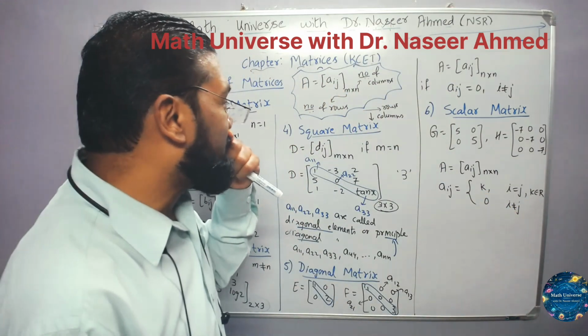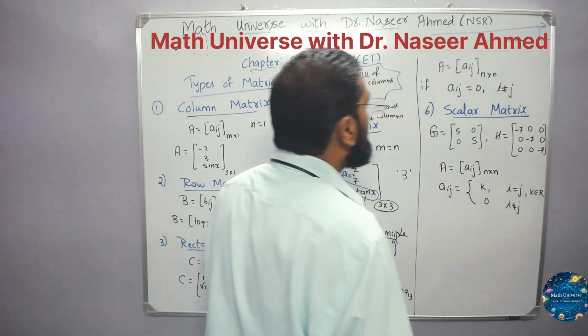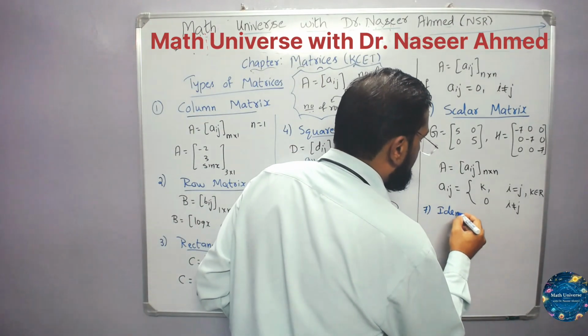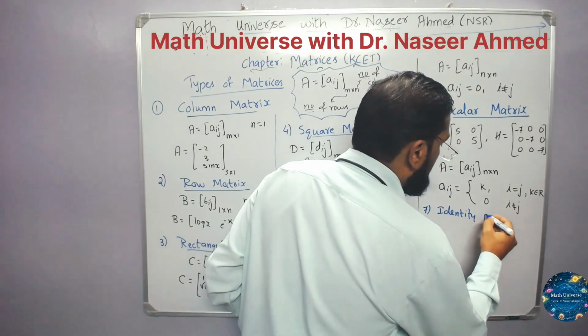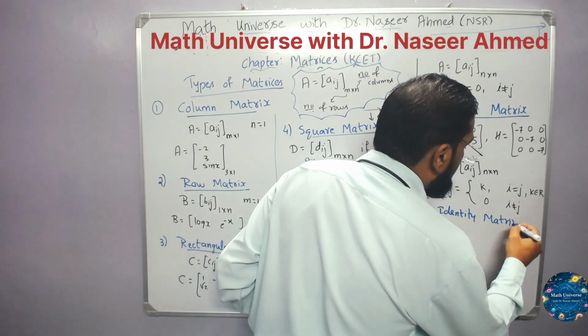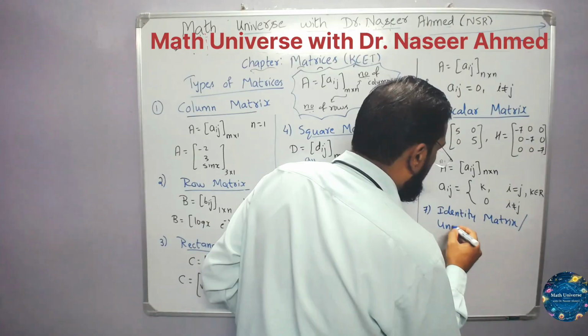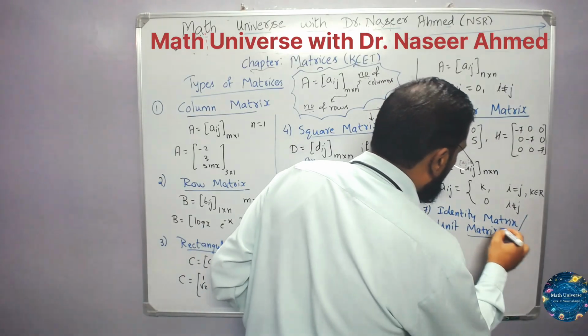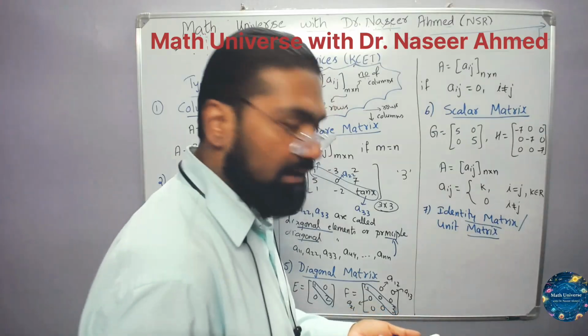Okay, next comes the identity matrix. The other name for identity matrix is unit matrix. What is an identity matrix or unit matrix?